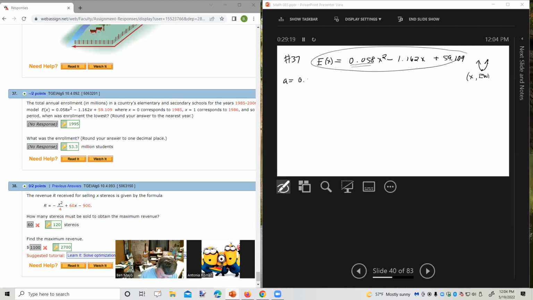A is 0.058. B is negative 1.162. X equals negative B over 2A. Negative times negative 1.162 over 2 times 0.058, which is positive 1.162 over 2 times 0.058.